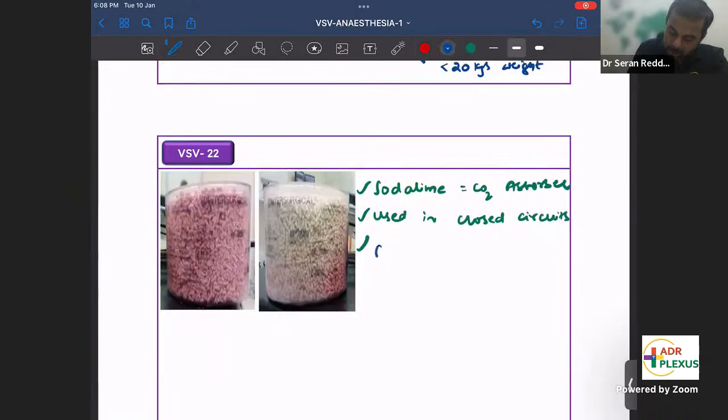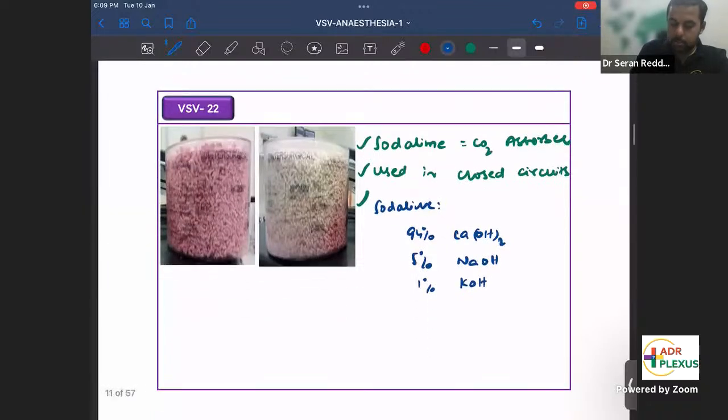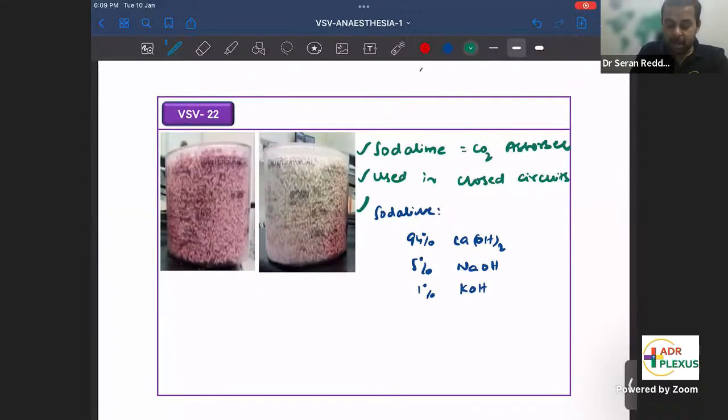Soda lime contains 94% calcium hydroxide, 5% sodium hydroxide, and 1% KOH. Remember, the indicator dye which helps in converting the color from pinkish to white is titan yellow.